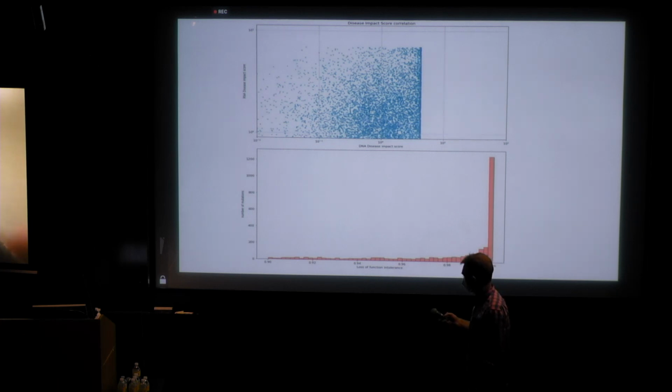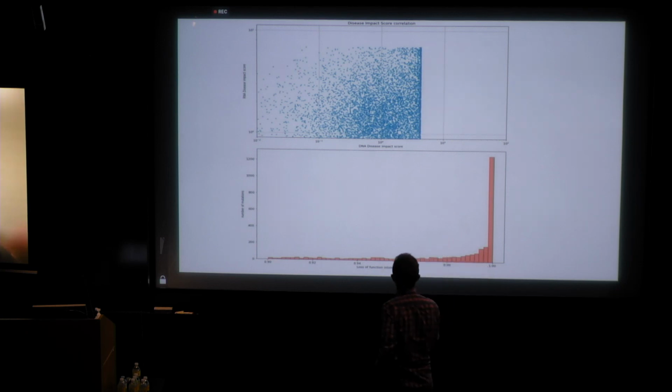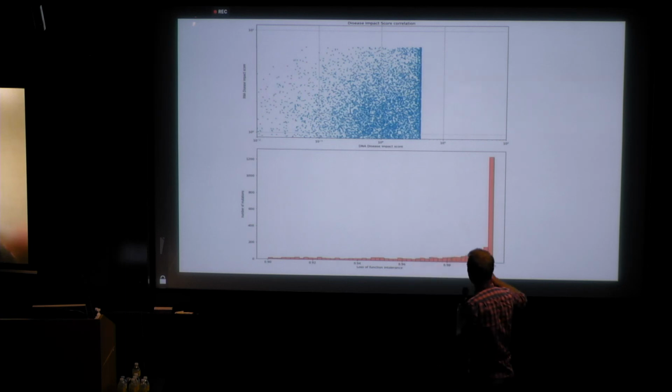I see. Thank you. Since you have this slide up, I have a question. Looking at the bottom plot for the loss of function, it seems pretty flat, but then when you get to 1, it just skyrockets. Could you give a physical understanding for why right at 1.0 the number of mutations just skyrockets?